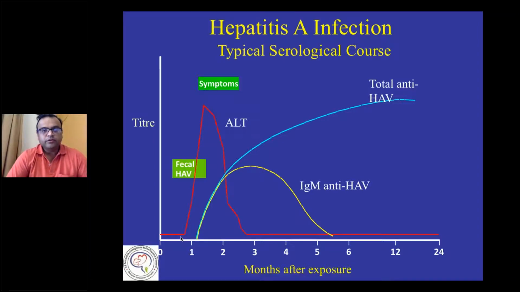ALT typically goes very high during the 3rd to 4th week of the illness, and thereafter gradually it comes down. The antibodies against hepatitis A appear about a couple of months down the line, and gradually they disappear.